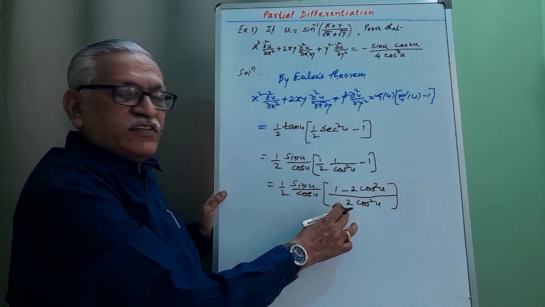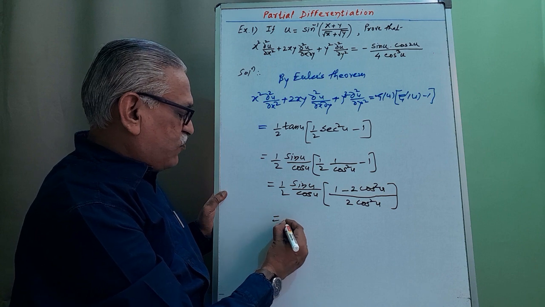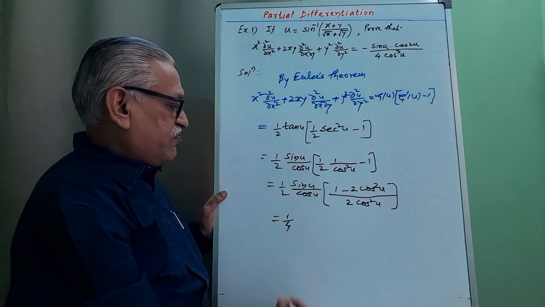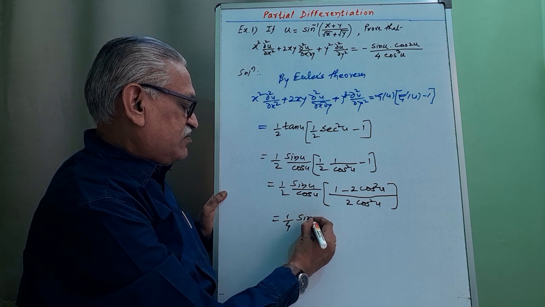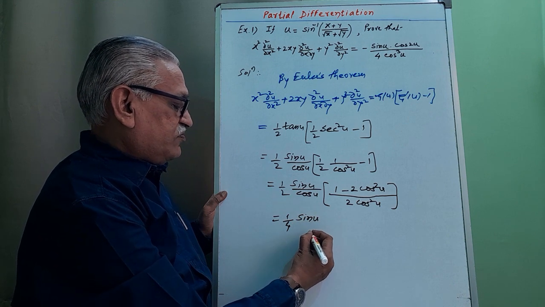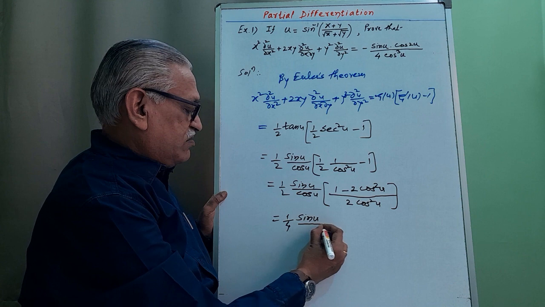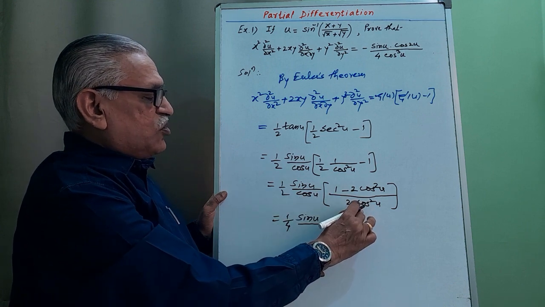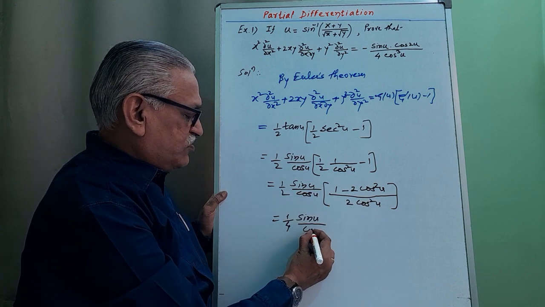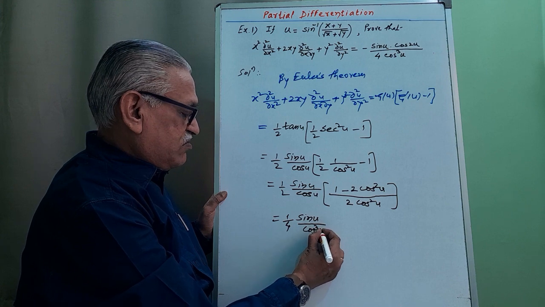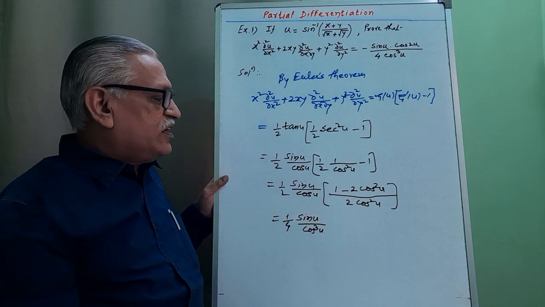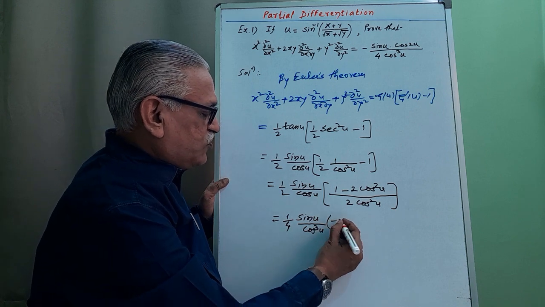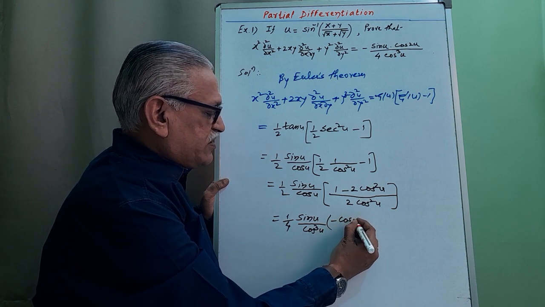Therefore, this 1 by 2 and this 1 by 2 become 1 by 4, sin u, cos u into cos square u becomes cos cube u, and that 1 minus 2 cos square u is minus cos of 2u, a standard trigonometric result.